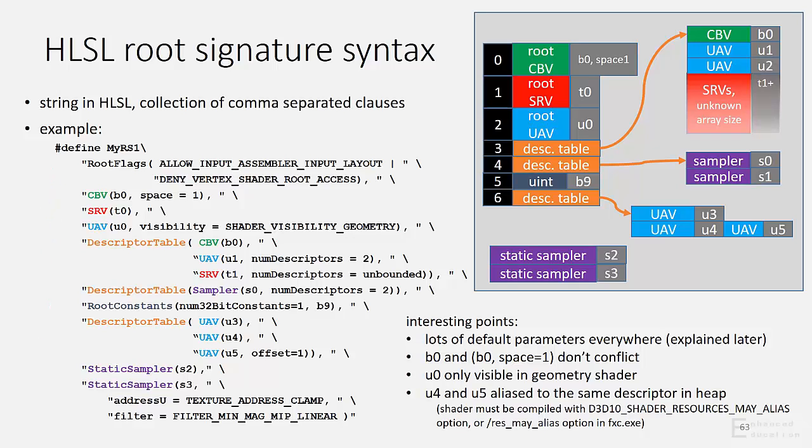This root signature begins with an optional declaration of root signature flags, and it's followed by a collection of root parameter declarations, where the order that the parameter declarations appear in this root signature defines the API bind slots where arguments for each of these parameters get set.